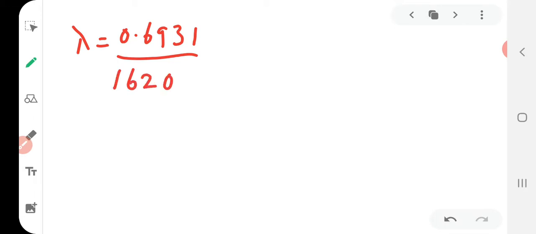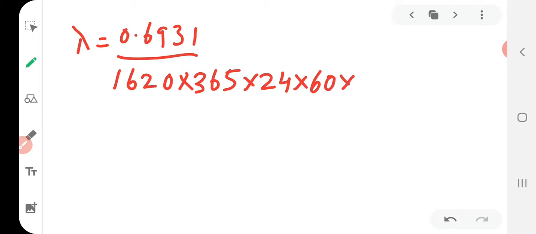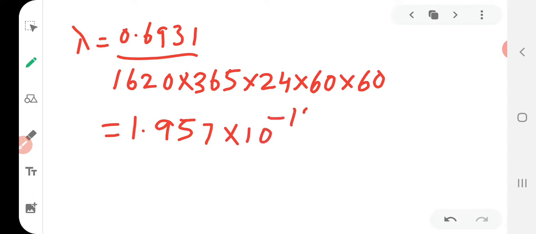It is given in years, so we have to convert this into seconds. 1 year contains 365 days, each day has 24 hours, each hour 60 minutes, and each minute 60 seconds. Substituting this, we get 1.957 into 10 raised to minus 11, and the unit will be second inverse.